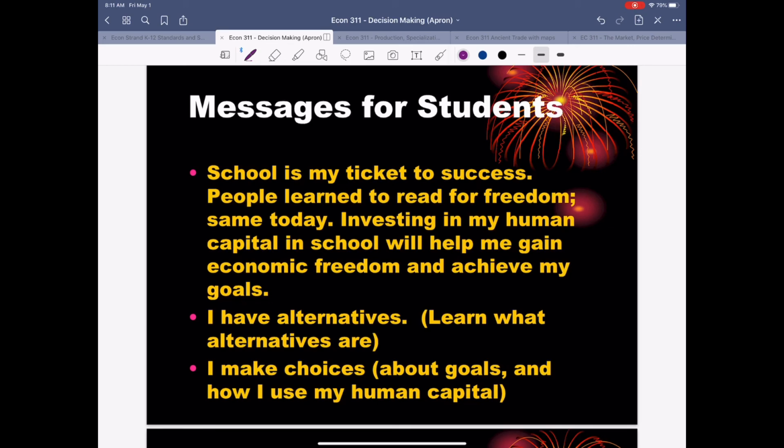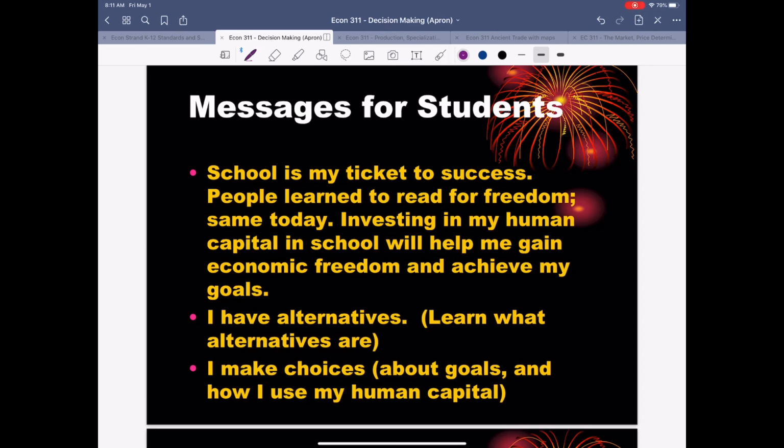This is not something that is far in our distant history. This is something that happens all around us today. It's a great message for students. We want students to know that investing in human capital in school will help them gain economic freedom and achieve their goals. We want to keep that understanding going and into their own lives and their own education.